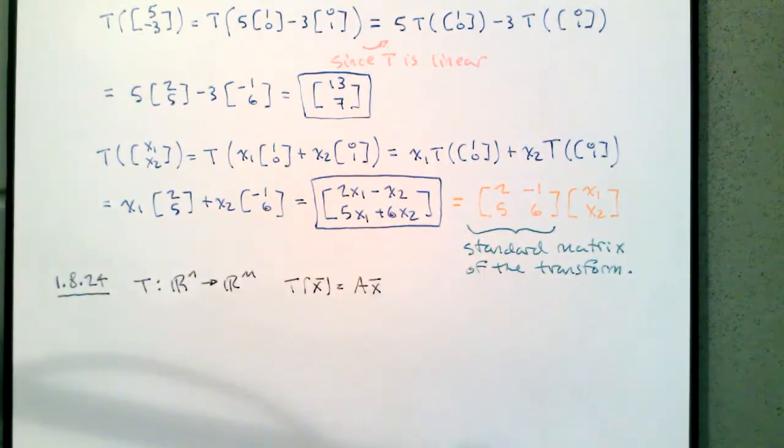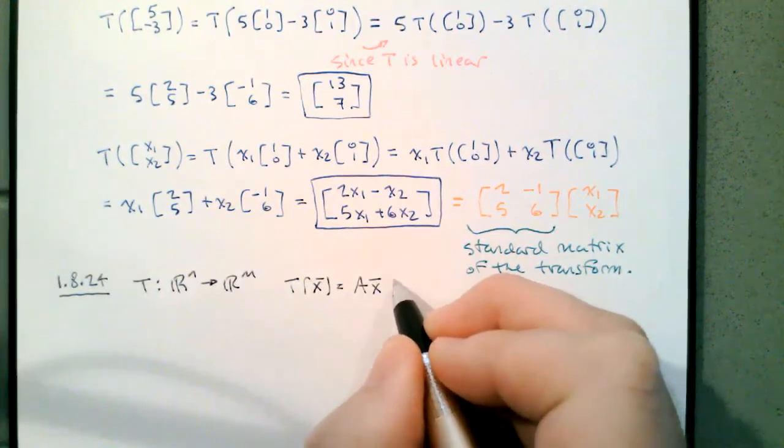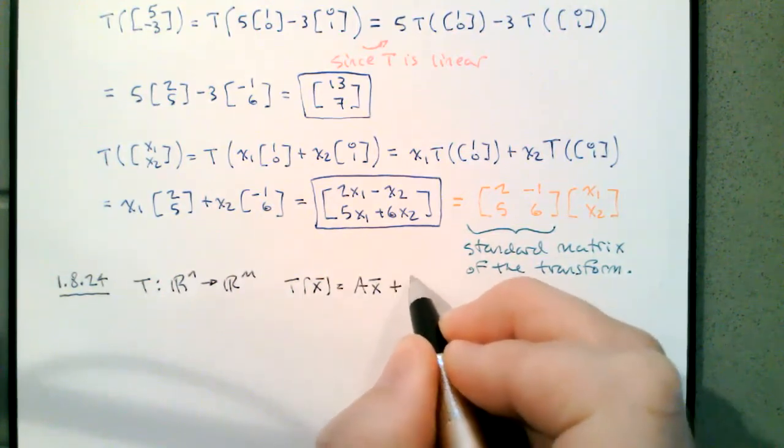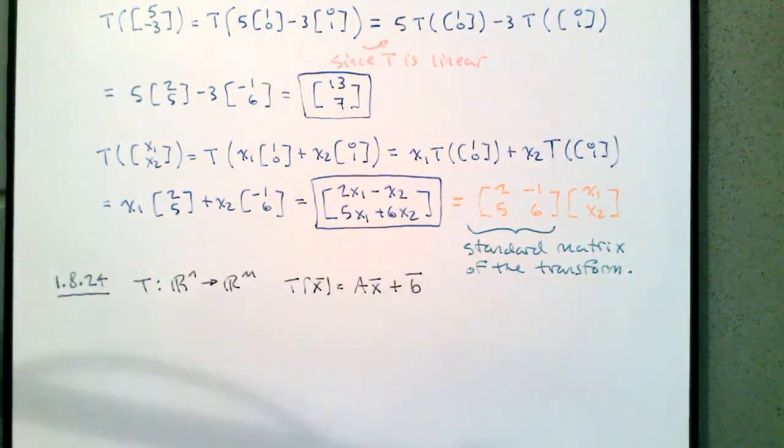If it was just T of x equals Ax, then we have a linear transformation. But the question is, what happens if we make an affine transformation and add b? What if we write it in the form Mx plus b? A is an m by n matrix, and b is in Rm.